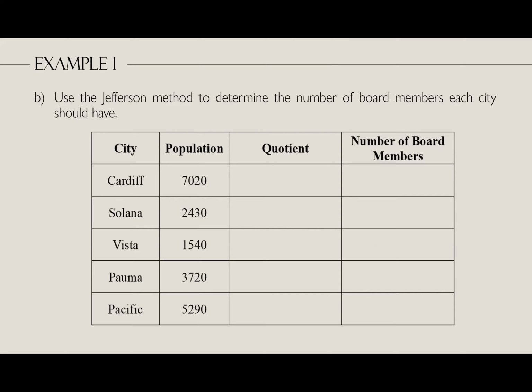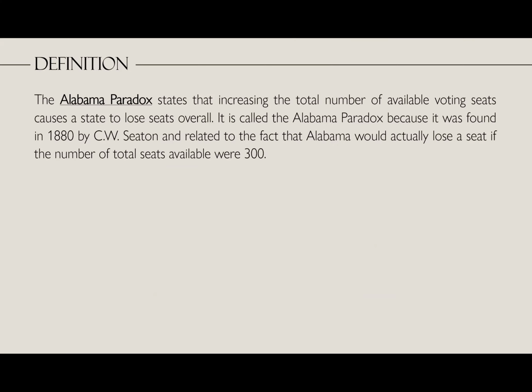Next, I want to go ahead and talk about two little notes. The first thing I want to talk about is this thing called the Alabama paradox. The Alabama paradox states that if I increase the total number of available representatives or seats, as it turns out, sometimes it causes a state to lose some of its seats overall.